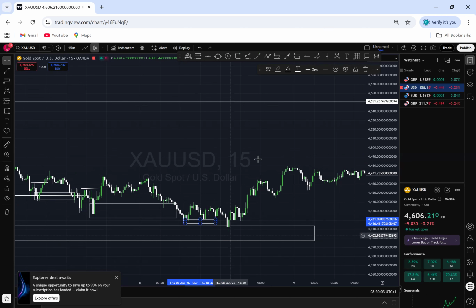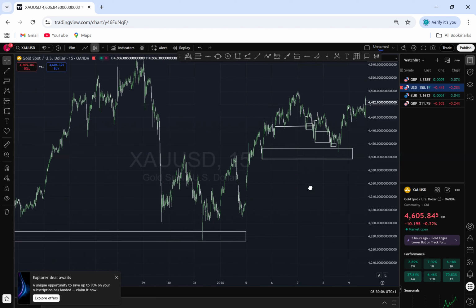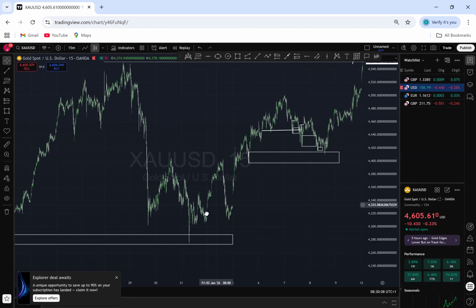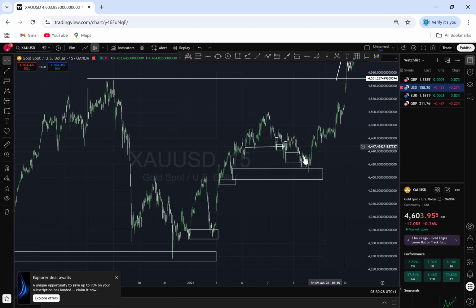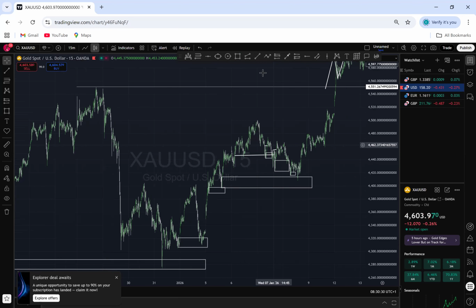So once you are able to tell what the storyline is from here to this area, you now know that this is the area that is not mitigated. So every other area, you need to wait for price to come into this area. Do you get the point? So as not to be caught up.